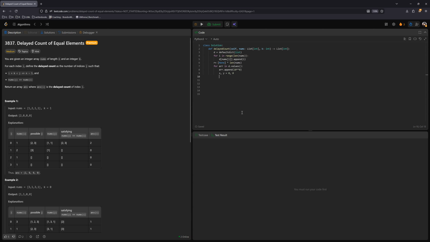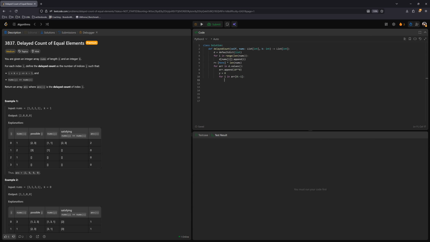Okay, and then we need to look at every possible. Let's do it like this. Let's say y equals 0. Okay, and then we're going to say for i in range. Well, no, not even in range. Just for i in arr. Not the last one.